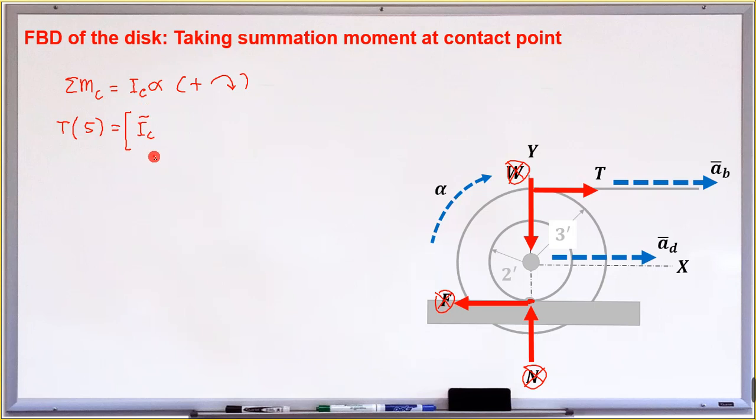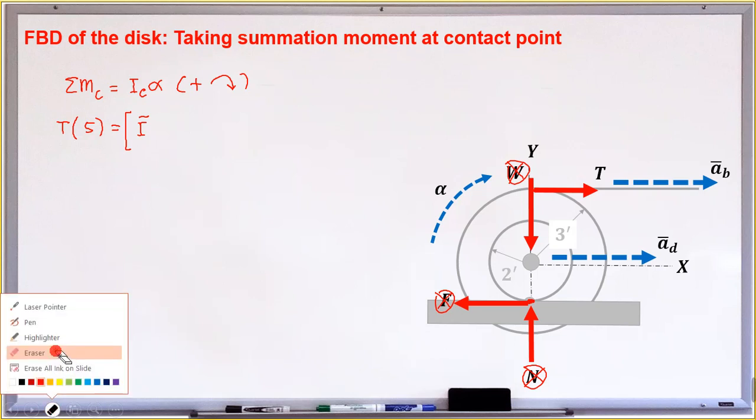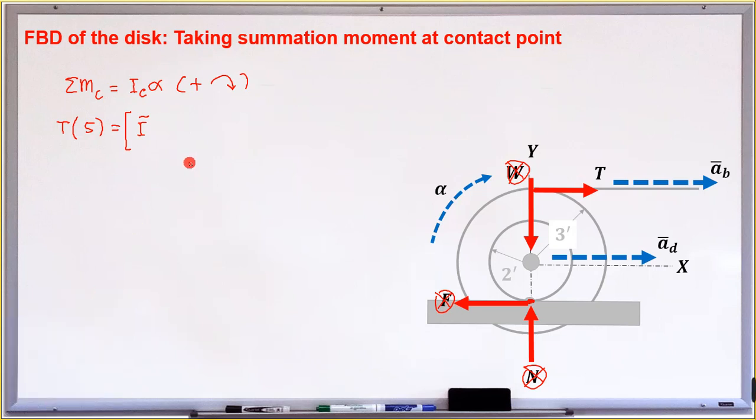So using the parallel axis theorem, I bar represents the centroidal mass moment of inertia plus the weight of the disc over G and the distance of the center of gravity of the disc towards the contact point, that is equal to the smaller radius, R1 squared, times alpha.